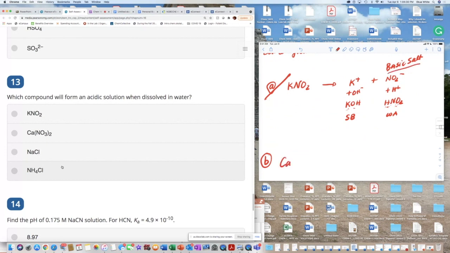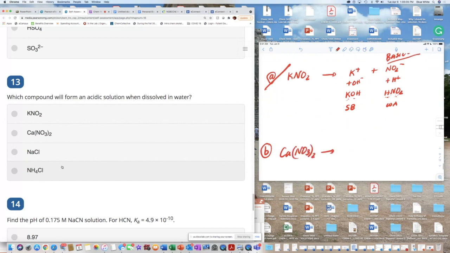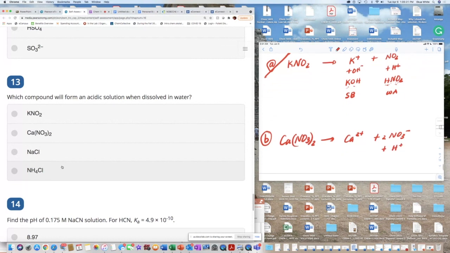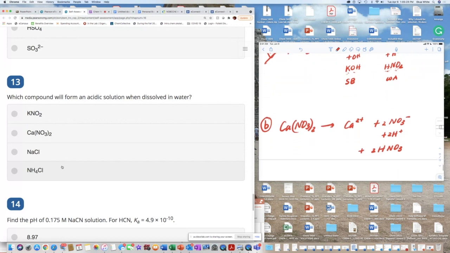Okay, second one, calcium nitrate. Break it apart into ions. Ionize this. Calcium 2+. Nitrate. We make 2, right? But each nitrate, I'm going to be adding hydrogen to it. So since there's 2 nitrates, I do this twice. And I end up with HNO3 2 times. And then calcium, since I have 2 positive, I have to add 2 hydroxides, right?